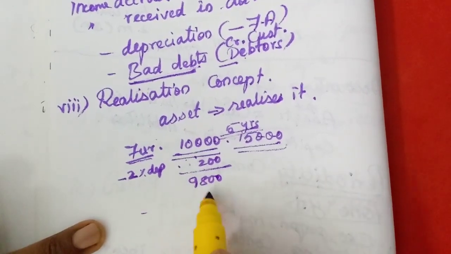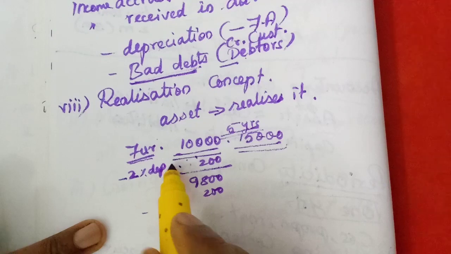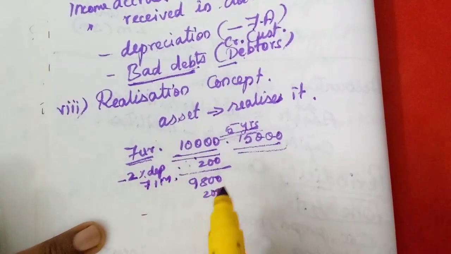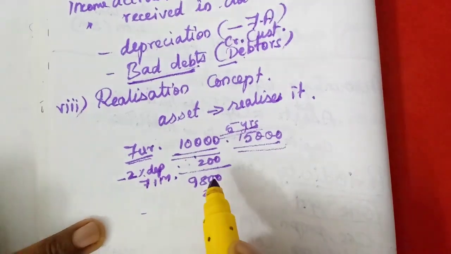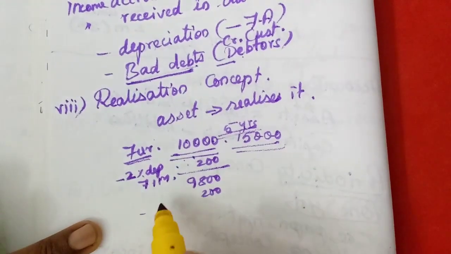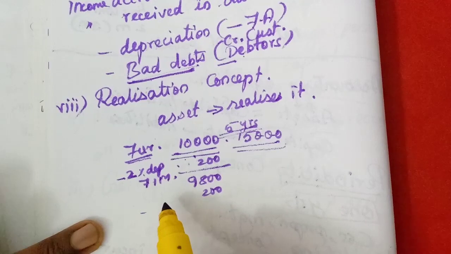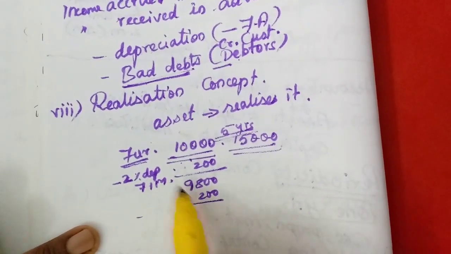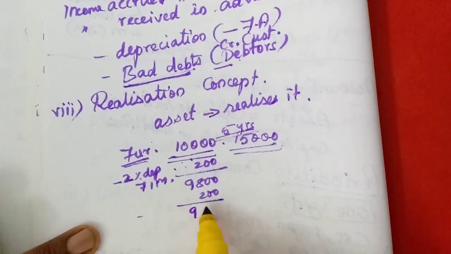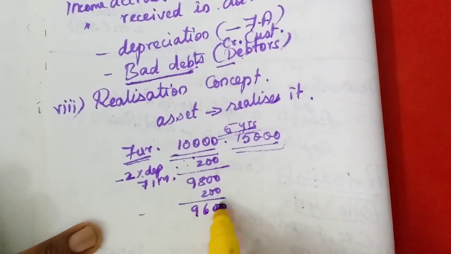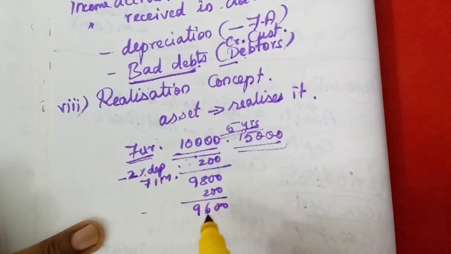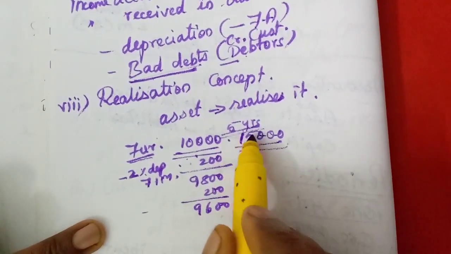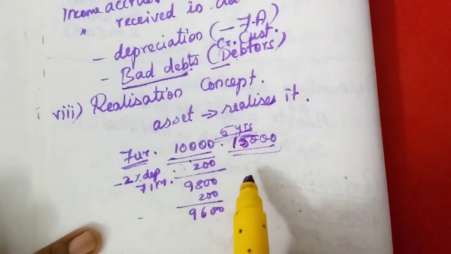Second year again 2%, the same fixed installment method, not the diminishing value method. The same depreciation will be provided, 200, again, 9,600. Like that it will be reducing, but at last you are going to sell that one. We are realizing how much amount? 15,000.